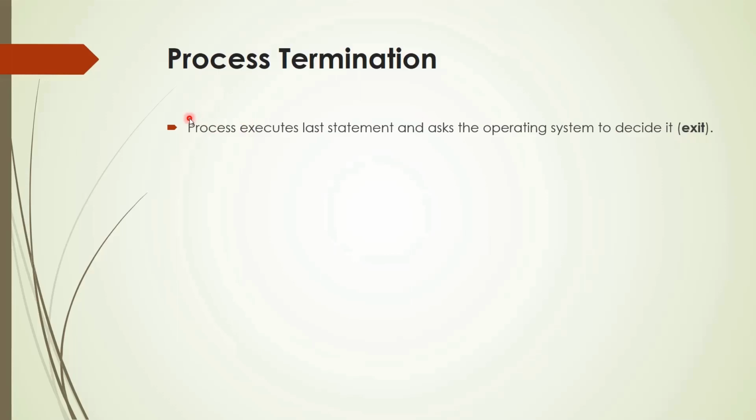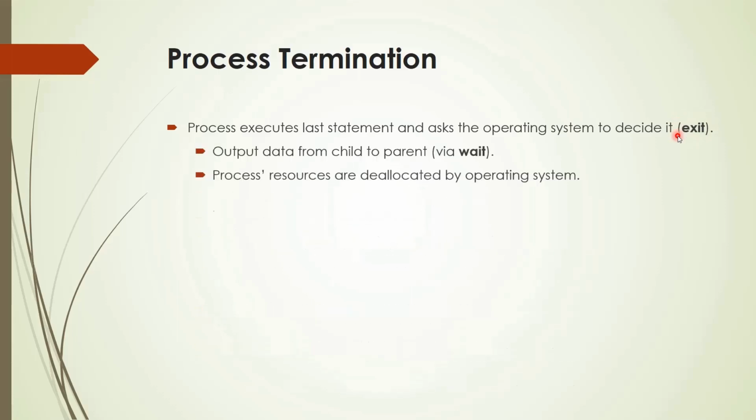So both the parent and the child execute their last statement and use the exit system call, informing the operating system that they want to exit from the system. They've executed and now they want to exit from the system. So the operating system will deallocate the resources that have been allocated to the parent and the child or any process.